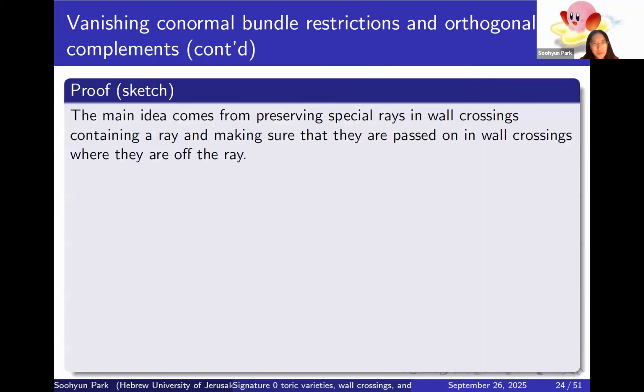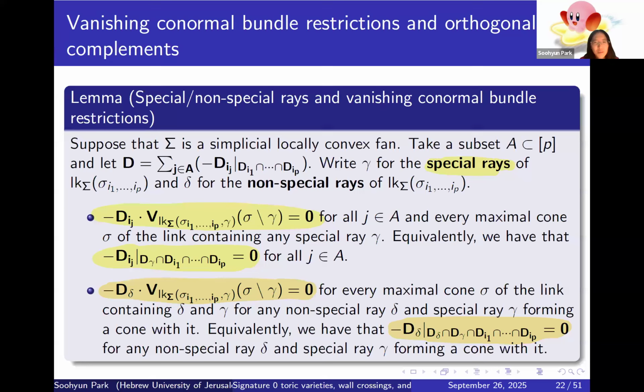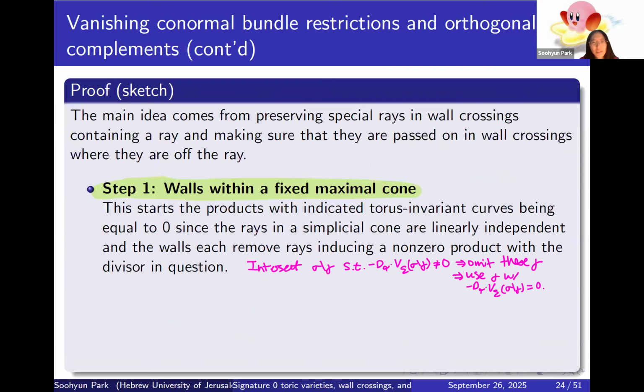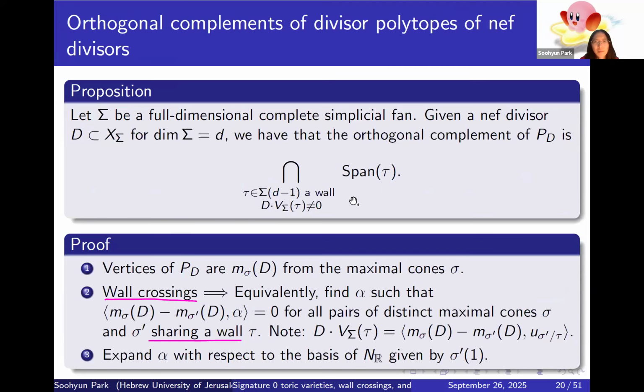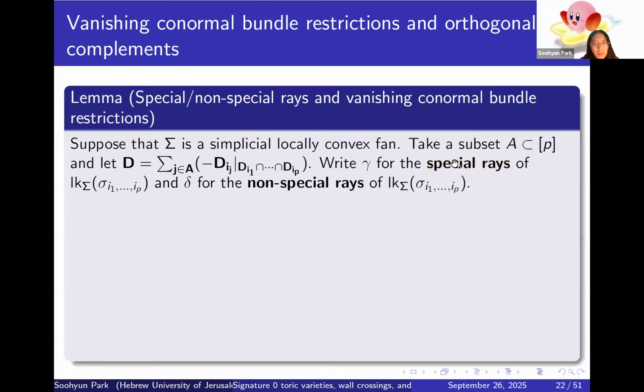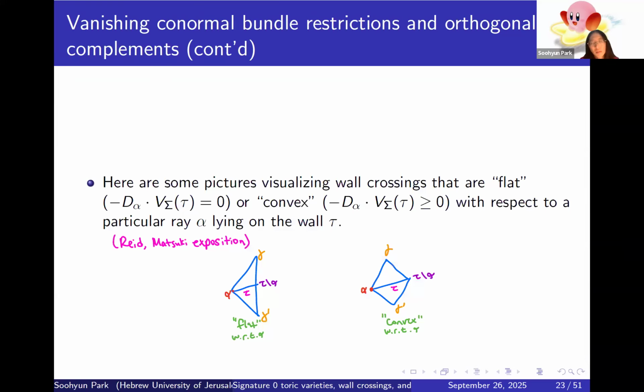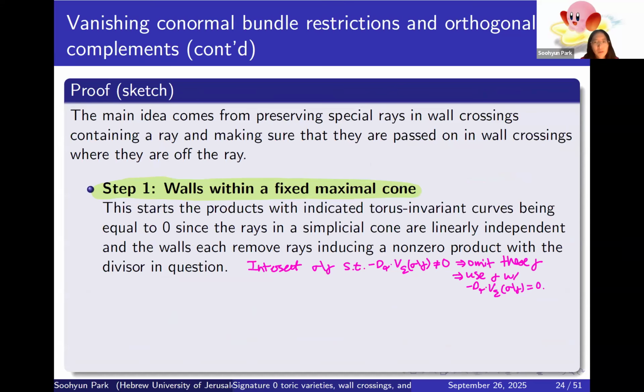Okay, so why do we get all these things going to 0? Well, if we take a look at the spans that we're intersecting, because the fan is simplicial, it's like intersecting the span of intersections. And the stuff we're intersecting, let's say we're in a fixed simplicial maximal cone sigma, are things that give a non-zero intersection product. So if we omit this, we are stuck with the gamma that does this.